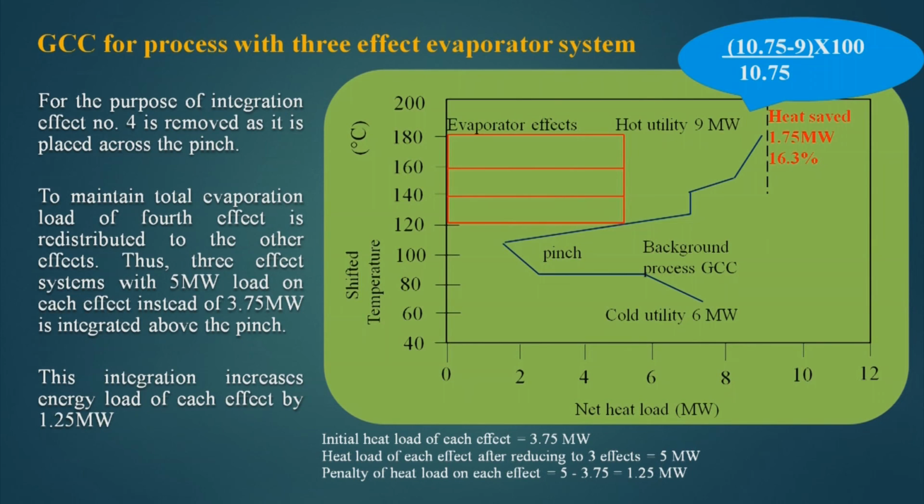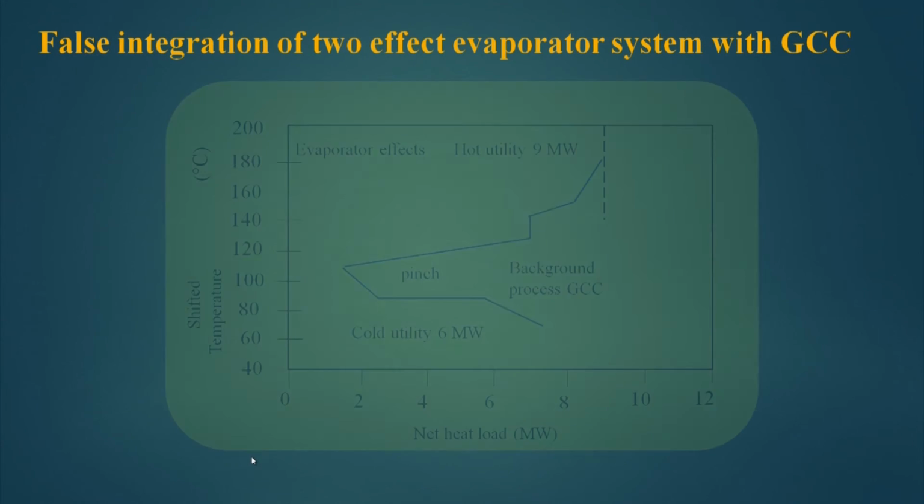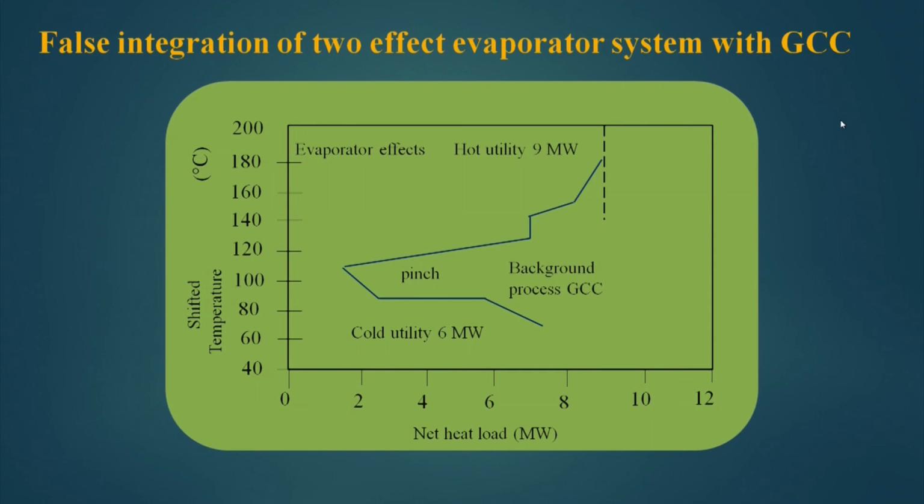This integration increases the energy load of each effect by 1.25 megawatt, but the heat saved is 1.75 megawatt, which is 16.3%. So, let us see whether more saving can be done with it or not.